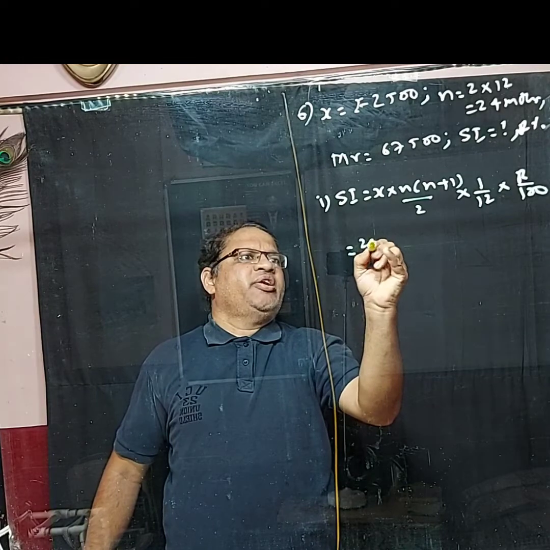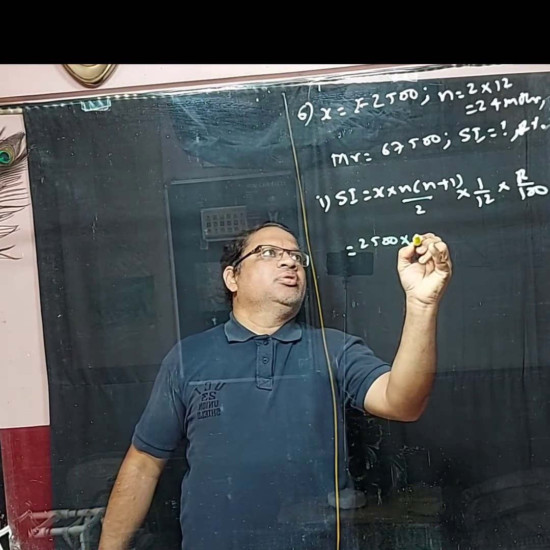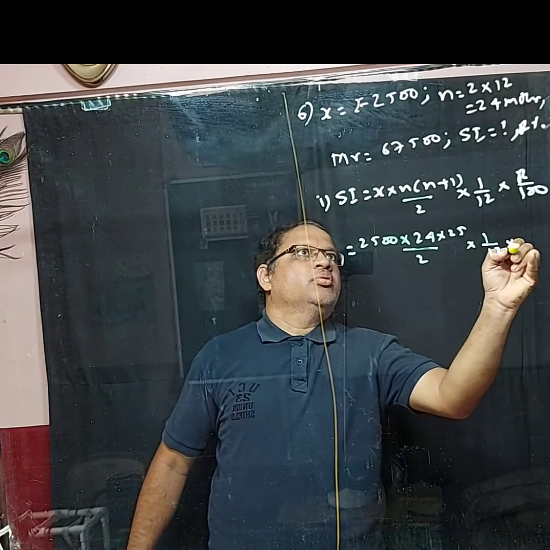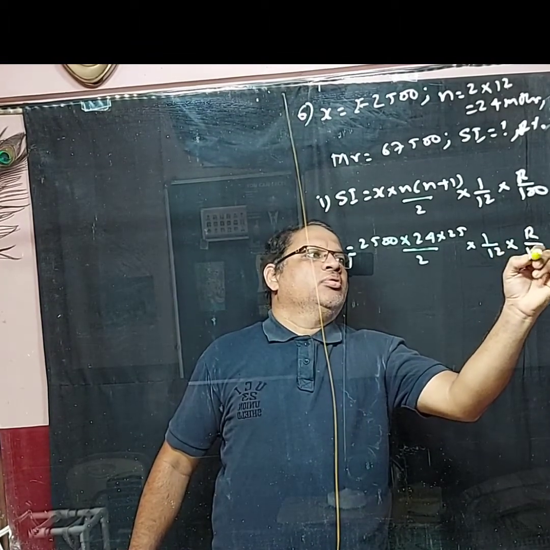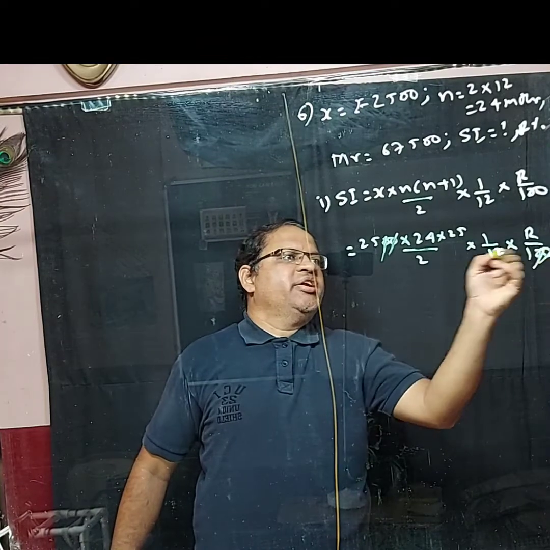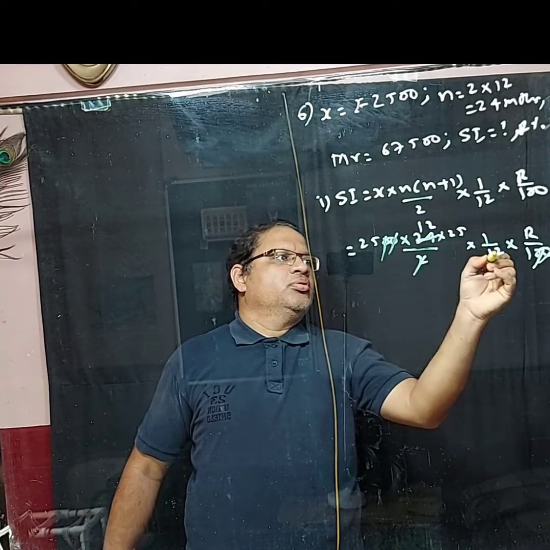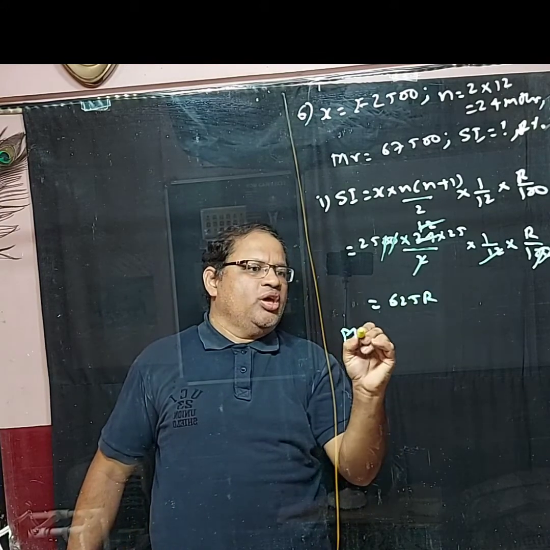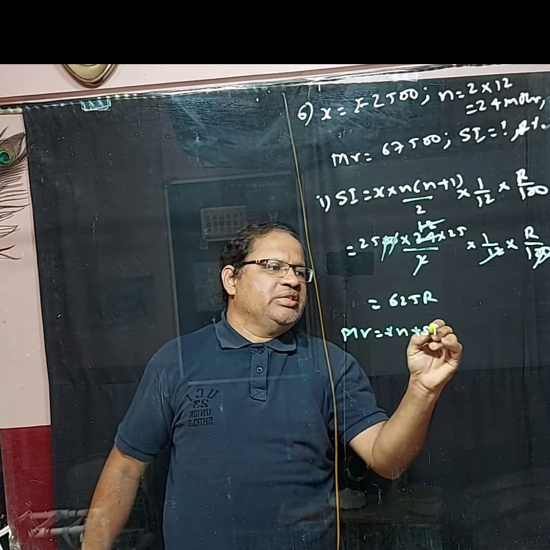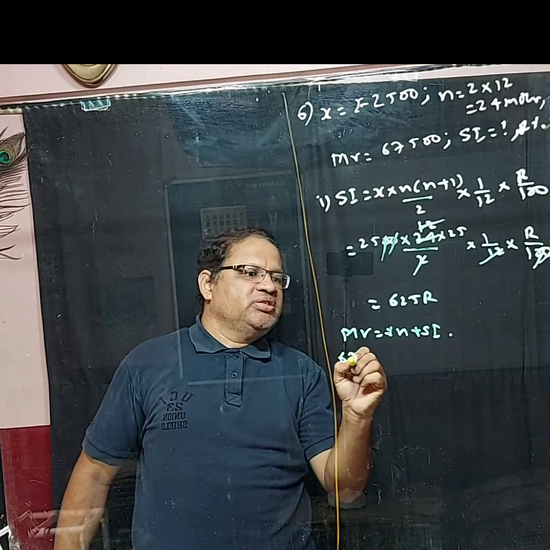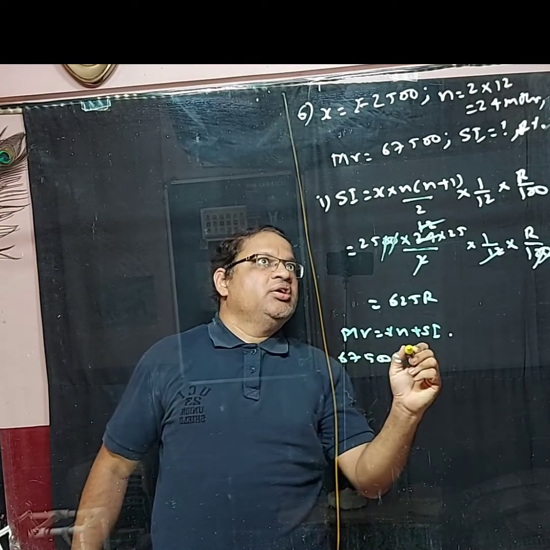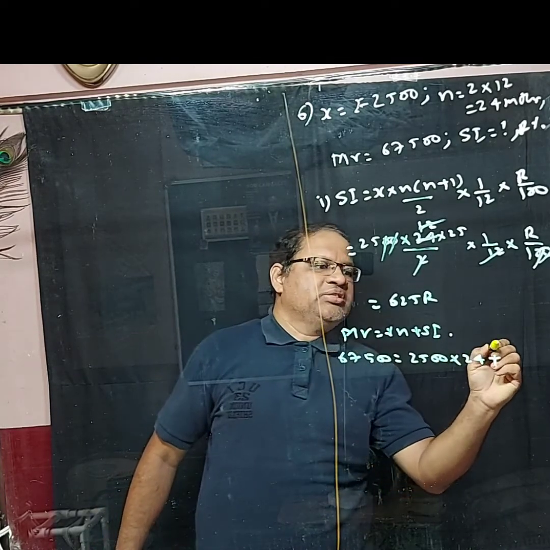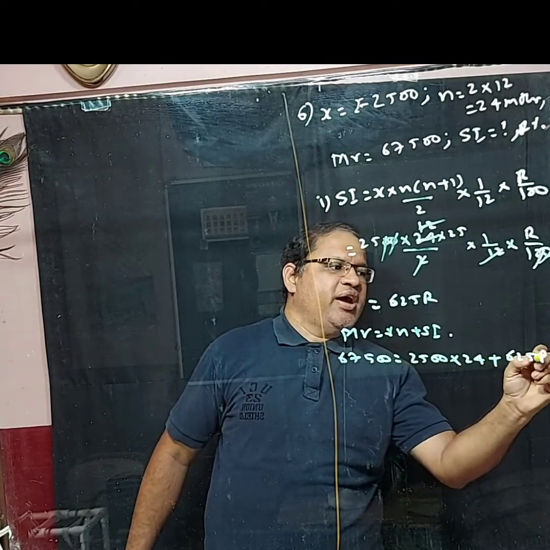So fill in the values. 2 zeros get cancelled. 12 get cancelled. 625 R. So MV is equal to XN plus SI. MV is given 67,500 is equal to X into N plus SI, that is 625 R.